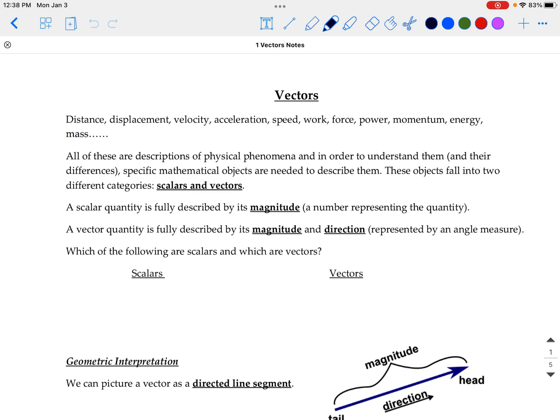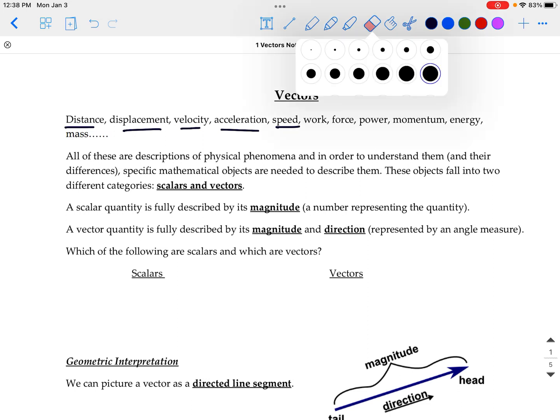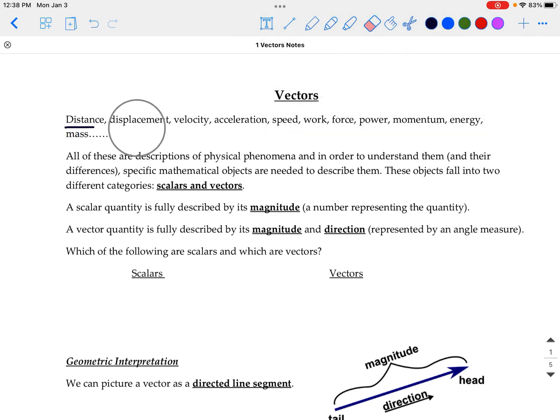There's two basic ideas that we want to discuss to start, which is scalars and vectors. When we look at all of these terms up at the top, distance, displacement, velocity, acceleration, speed, etc., these are descriptions of things that are either vectors or scalars.